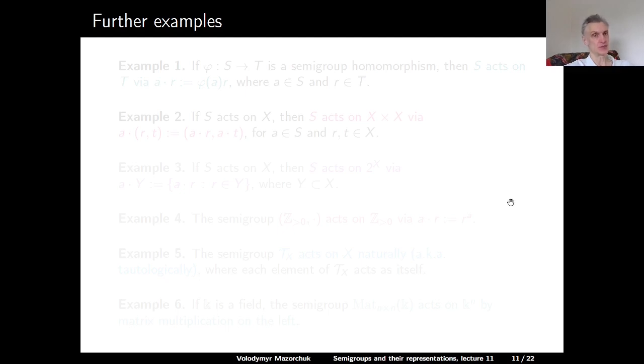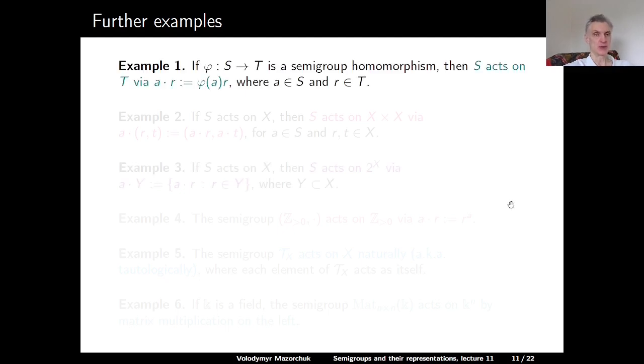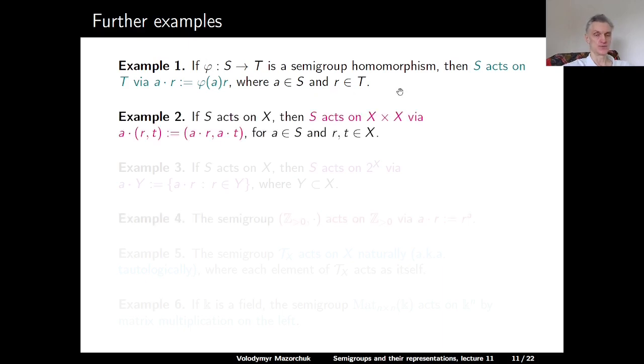Here are some further examples of actions. Example 1. If phi is a homomorphism from a semigroup S to a semigroup T, then S acts on T as follows: A dot R is equal to phi of A times R, where A is an element in S and R is an element in T. Example 2.